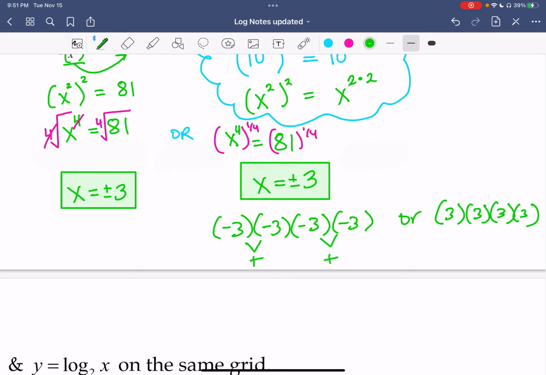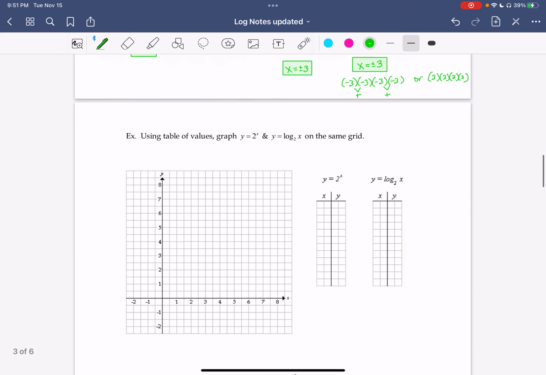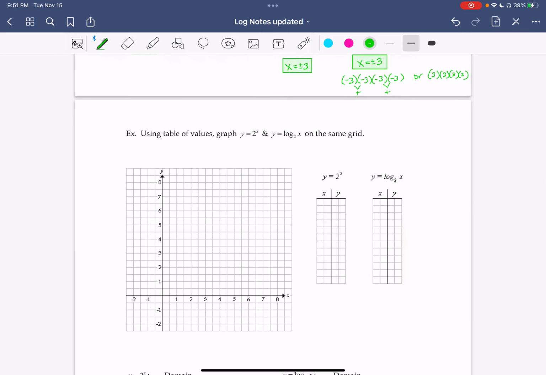So you always have to do plus or minus, because you don't know if the original numbers were all negative or if the original numbers were all positive. So you do the plus or minus just in case. Okay, and that's only for even numbers. All right, moving on to the next page.